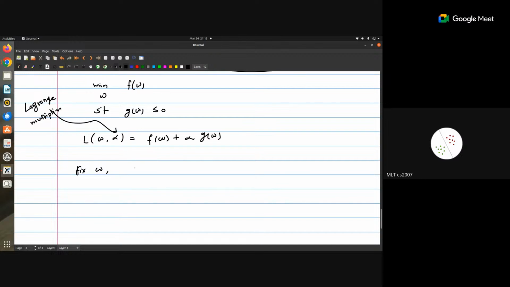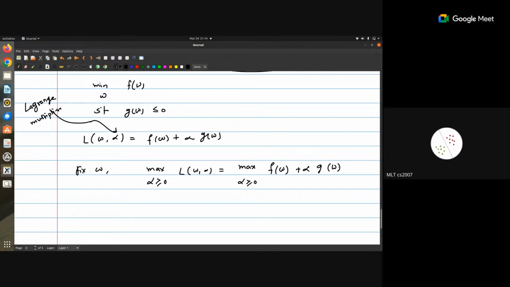In that case, for fixed w, we can say: maximize this function L of w, alpha over alpha greater than or equal to 0, that is f of w plus alpha g of w.